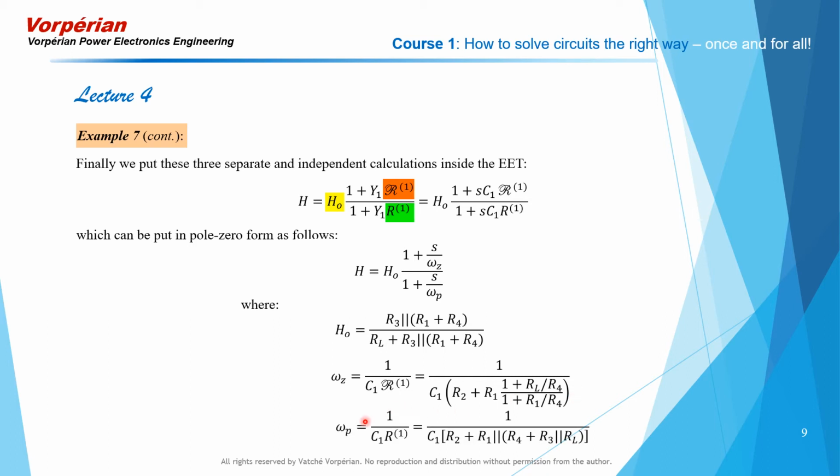And the pole is given by the reciprocal of the time constant formed by C1 and the ordinary impedance looking into port 1, which is given by this meaningful answer here, in which the circuit elements, the resistors, are grouped together in meaningful form.